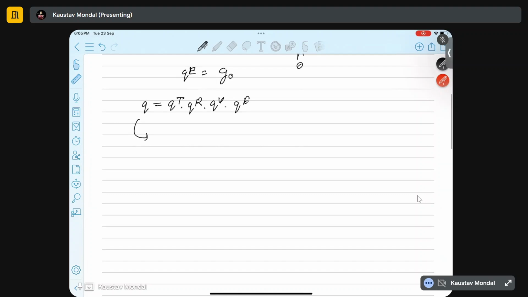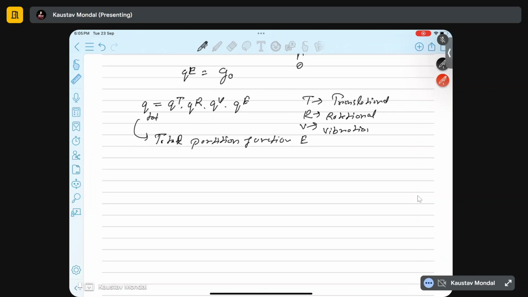Q is the total partition function, and these are the different contributions: T is translational, R is rotational, V is vibrational, and E is electronic.